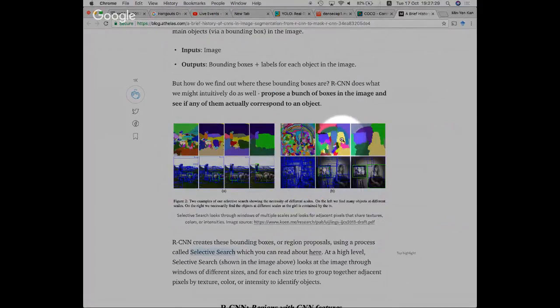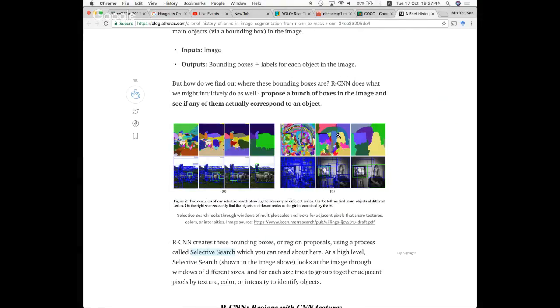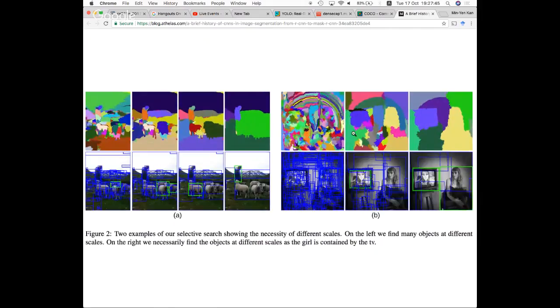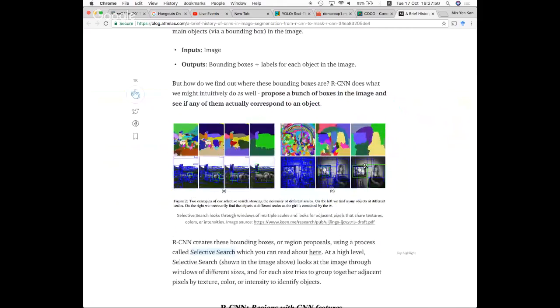So saying all the stuff in this region is of the same type or texture or color, and so I'm going to propose that as a blob. Then I'm going to give you the bounding box around that, and I'm going to ask the CNN to tell me what it is, right? The specifics for that are the link right below. This one? You can read about it here.